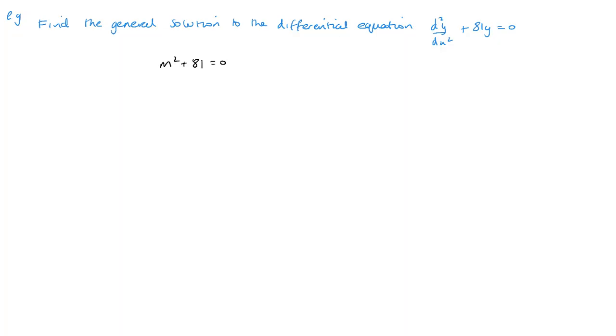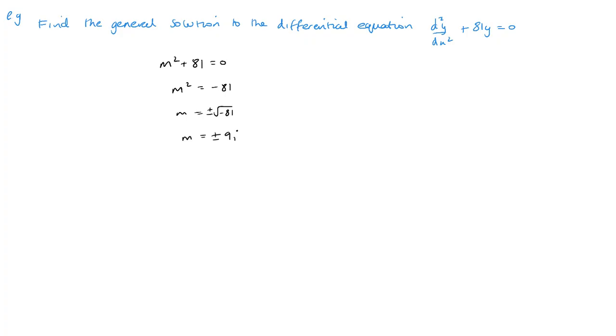So m squared equals minus 81. m is the square root of minus 81, which is plus or minus 9i. So in this case, m is solely imaginary.